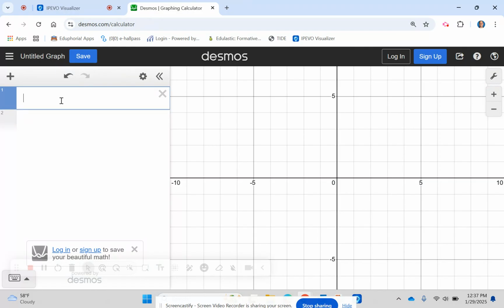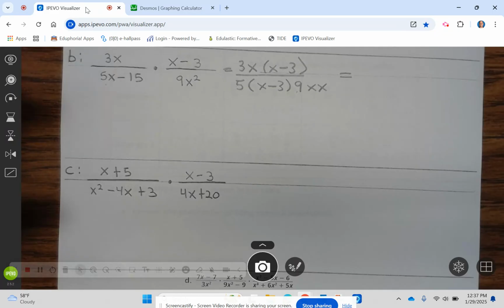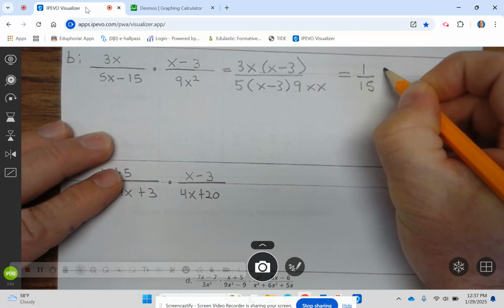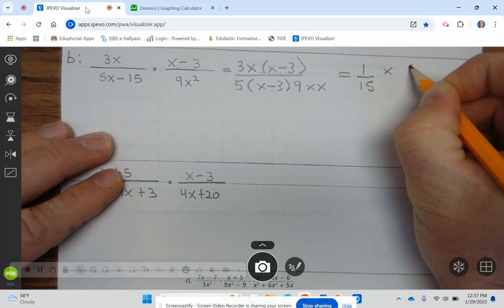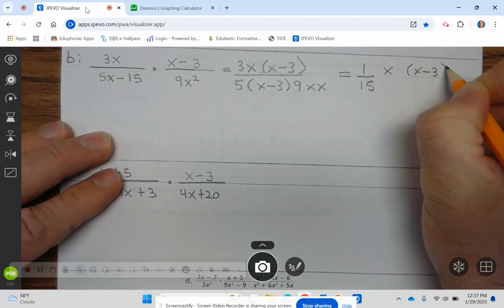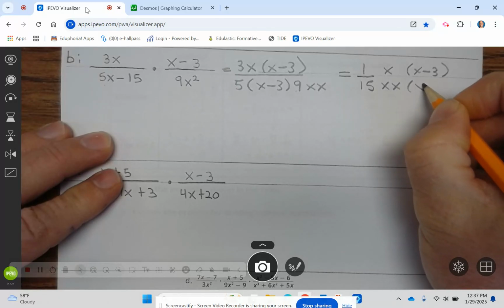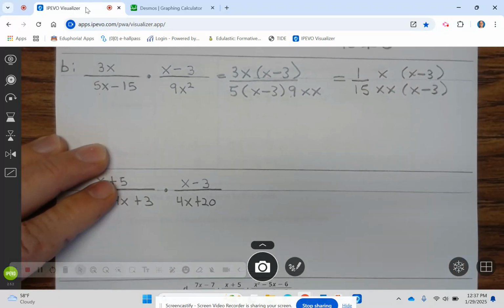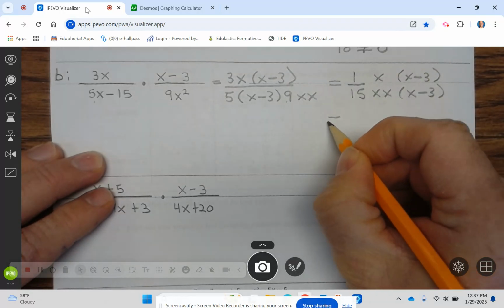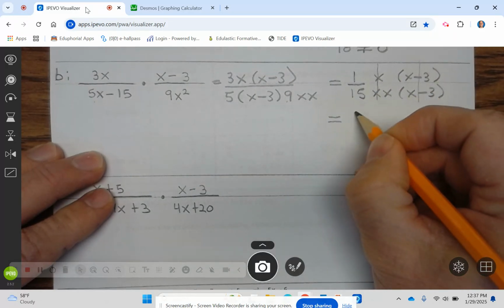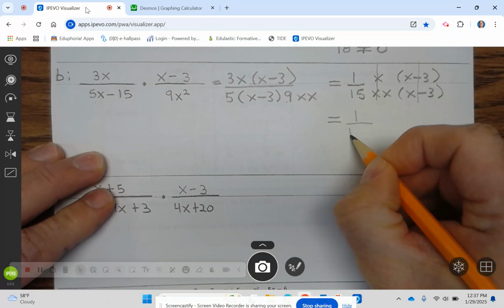We get a decimal, convert that to fractions, 1/15. So that becomes 1 divided by 15 times x minus 3 divided by, we have 2 x's, x minus 3. So anything divided by itself is 1, so that's 1, 1. So we're left with 1 divided by 15x.